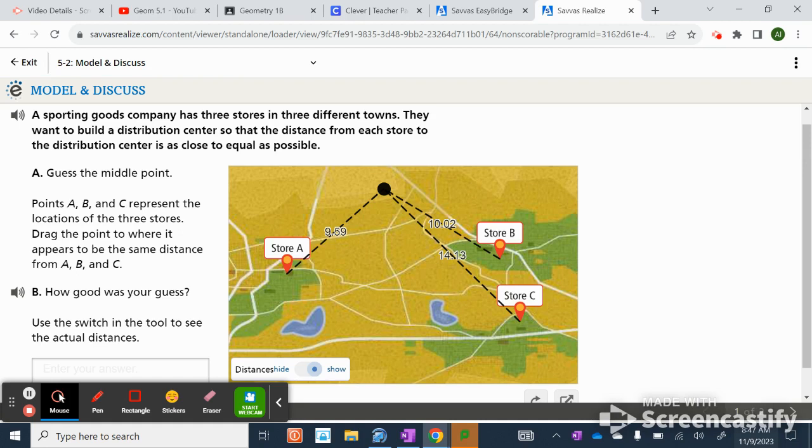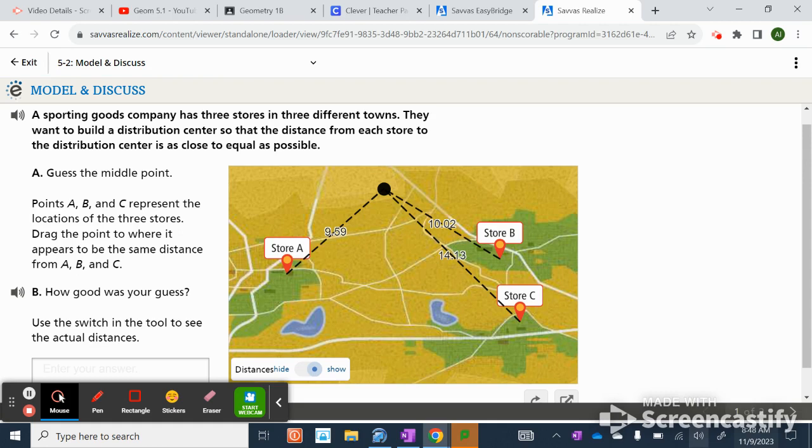If I connect the 3 stores with a triangle, and I draw the perpendicular bisectors of each side, let's see how close I can get with this. So if I draw what we called the Jesus fish the other day, and I draw it here, and then I do the same thing to this side.